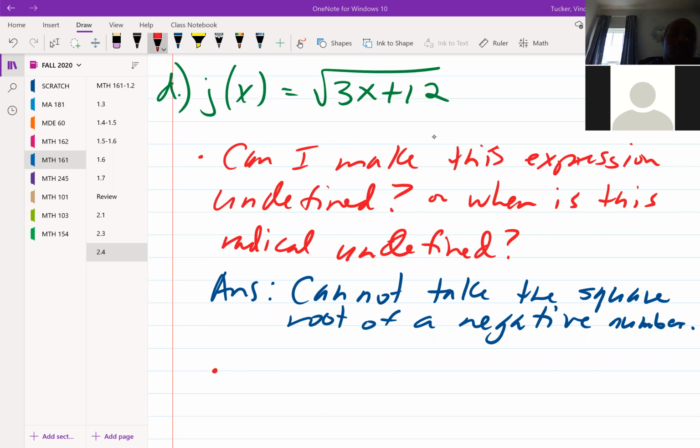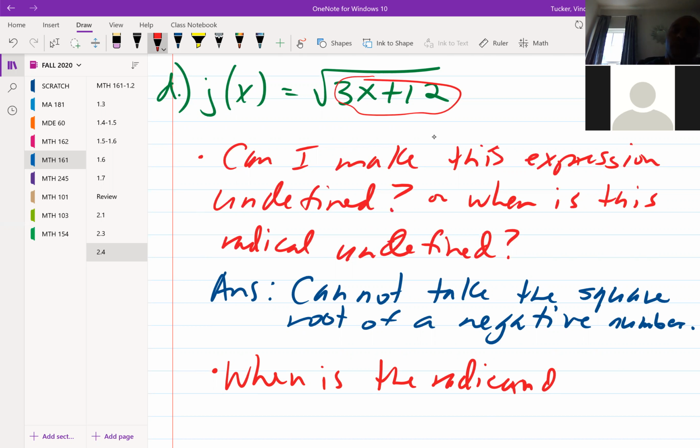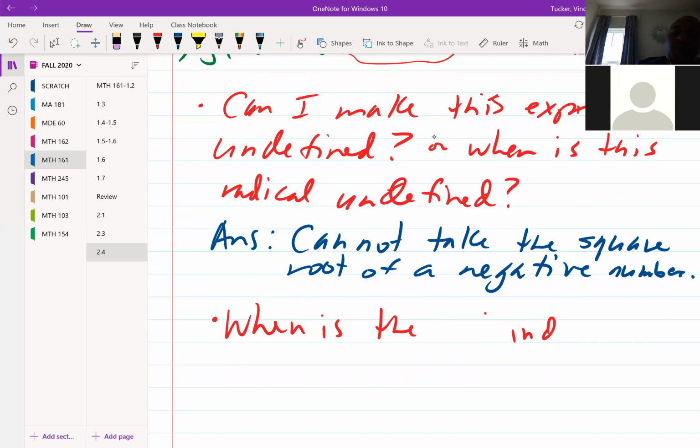Once I write this next statement, so how am I going to write this? You want to know when is the radicand. So what's under the radical is the radicand. So let me write that better.